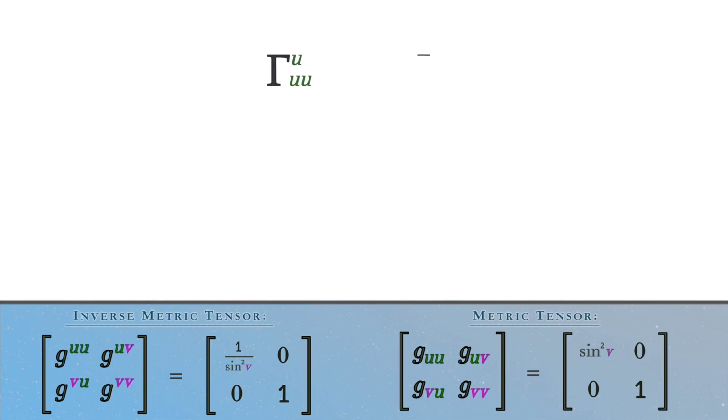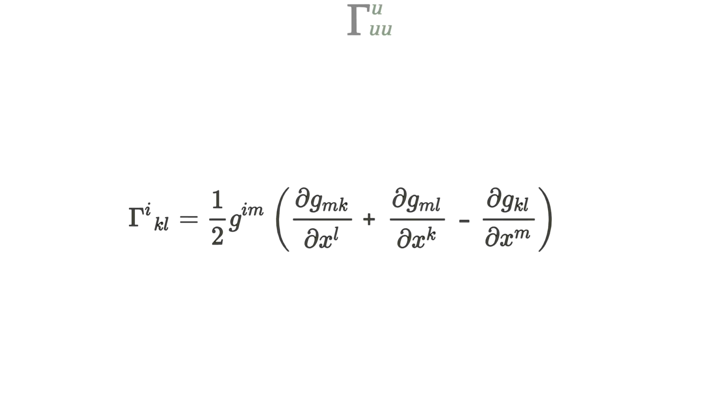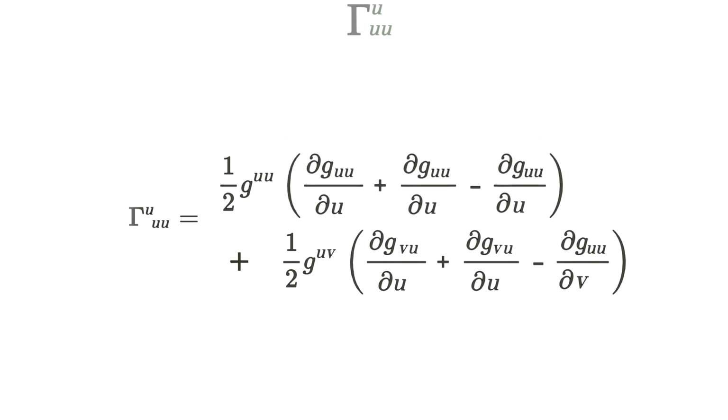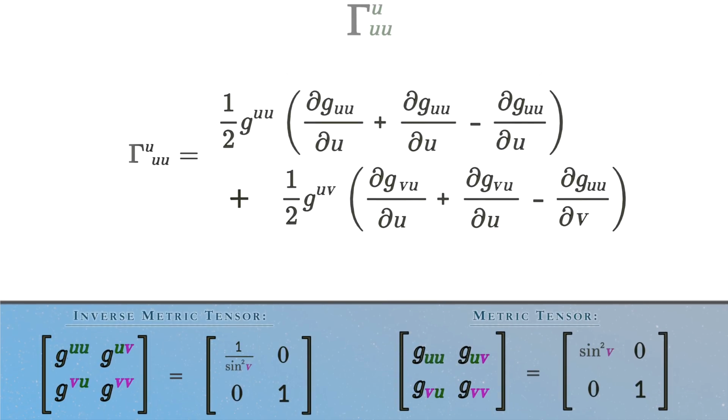Okay, let's start by calculating gamma^u_uu and gamma^v_uu, detailing how our e_u basis vector changes in the u direction. Gamma^u_uu is nice and easy. All the indices become u's except for this m index here, which again indicates that the equation is supposed to be summed over both variables. Thus, after expanding out the expression, all that's left to do is plug and chug.